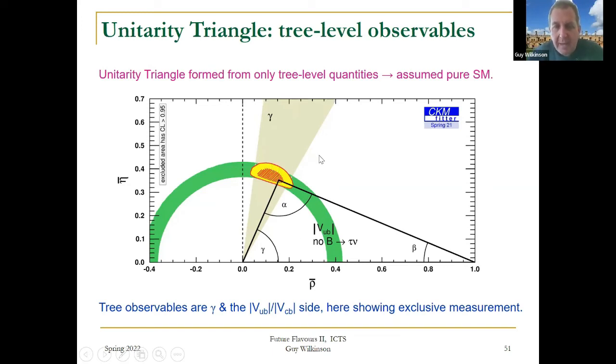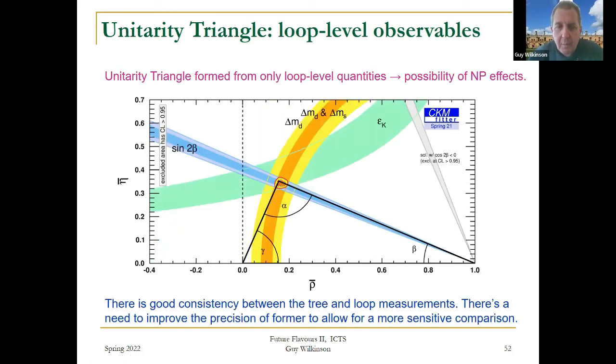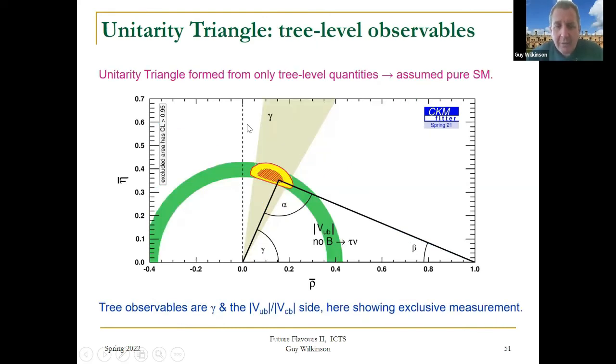And we can compare that with the other constraints which come from observables where loop level diagrams play a role, like sine 2 beta, the mixing, and also results from kaon physics. At the moment, there is reasonable consistency, but there's a need to improve, particularly the precision of these tree level measurements, to make this test still more precise.